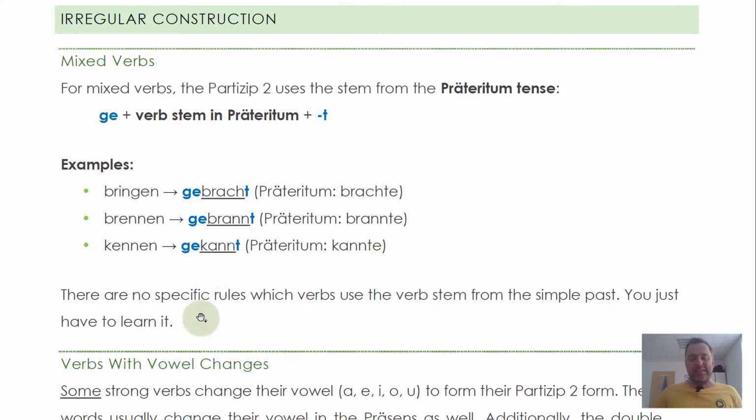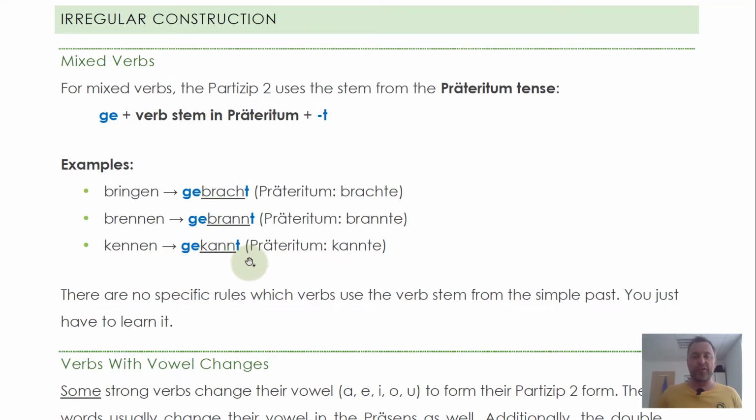And unfortunately, there are no specific rules which verbs use this version and which verbs use the normal version. You have to know. But the thing is, usually Germans know the Präteritum version of those verbs and they don't know the Präteritum versions of verbs that don't use this.